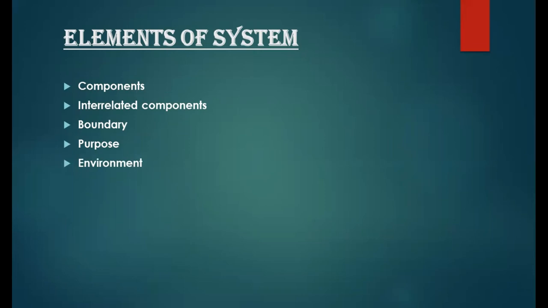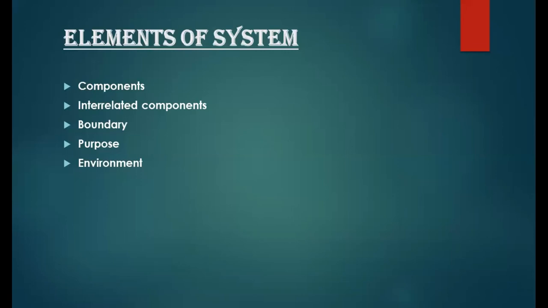But these components have certain boundaries of their working. They have to work within their limits, where the input has to be performed by the input devices, the process has to be taken care of by the complete system, and then the output has to be derived from the output devices.